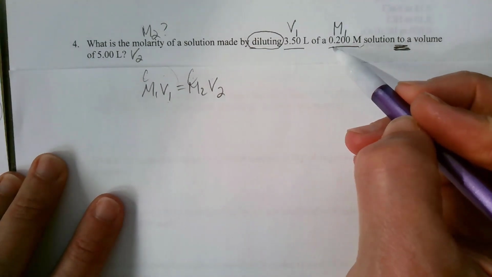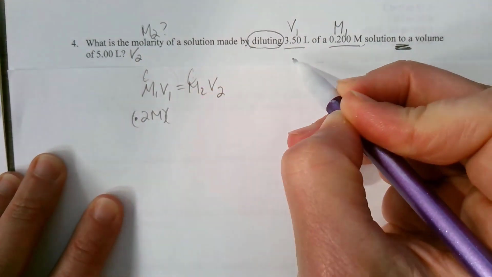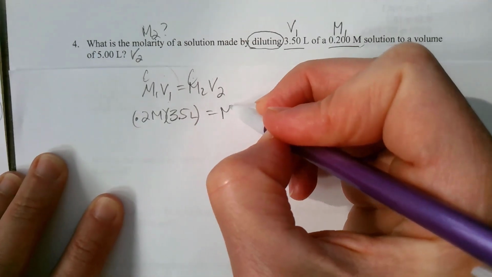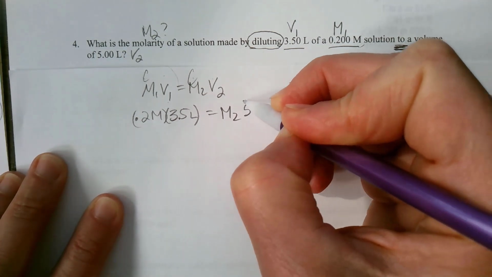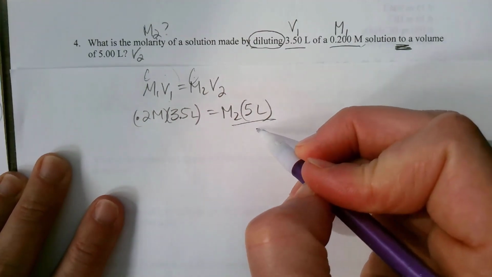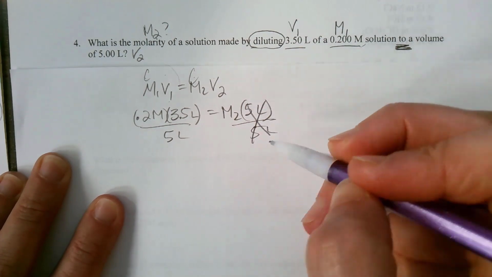Cool, so let's plug in what we know. M1 is 0.2 molar. V1, 3.5 liters, is equal to M2 is question mark, and V2 is 5 liters. So we can just find M2 by dividing both sides by 5. That'll cancel that out.